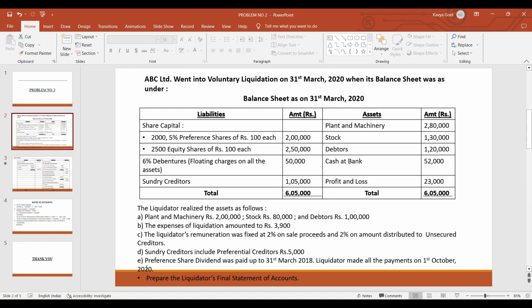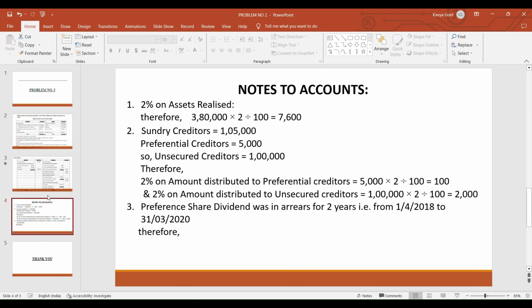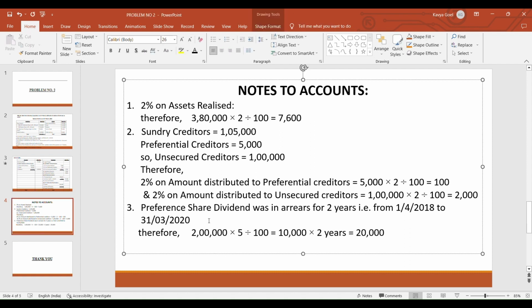Okay, so as you know, in the adjustments, the last adjustment is that preference share dividend was paid up to 31st of March 2018. So it is remaining for how many years? 2 years. How come? From 1st of April 2018 to 31st of March 2020.